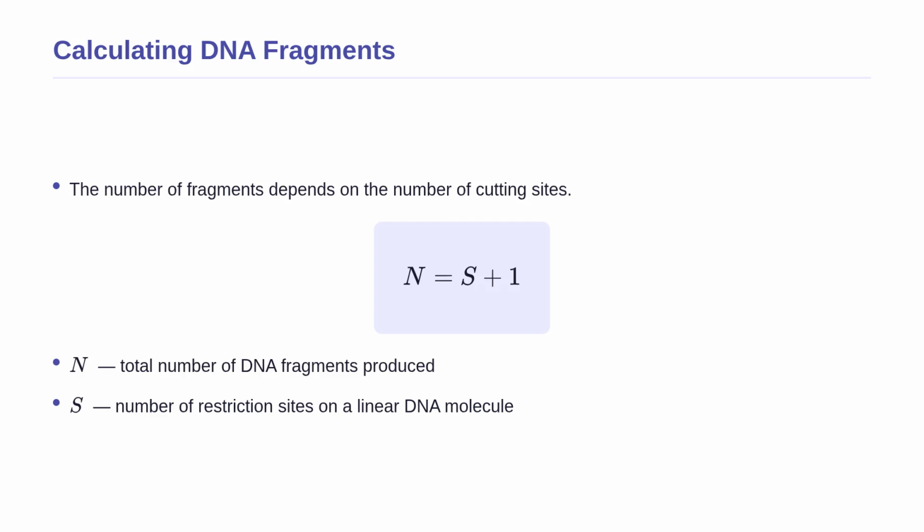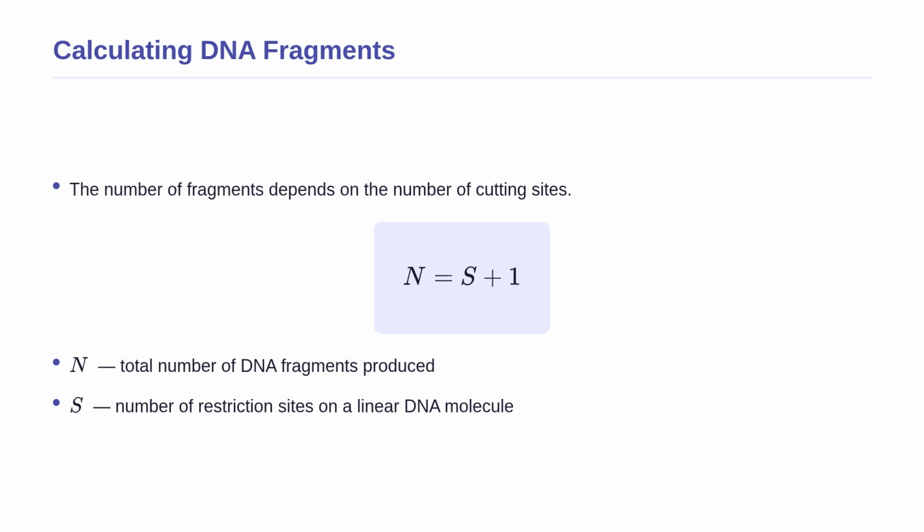Now that we understand what RFLP is, let us look at the mathematics behind it. When we cut a linear piece of DNA, we can predict exactly how many pieces we will get using a simple formula. The formula is n equals s plus 1. Conceptually, this just means that the number of fragments will always be 1 more than the number of cuts you make.